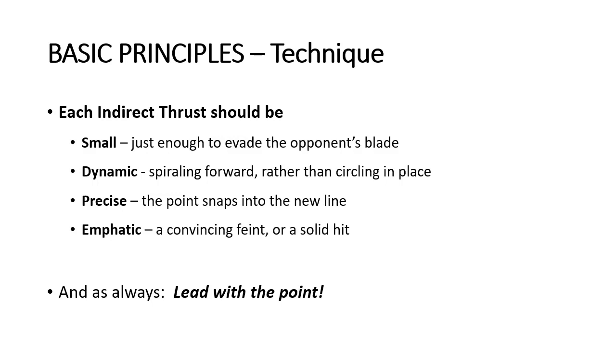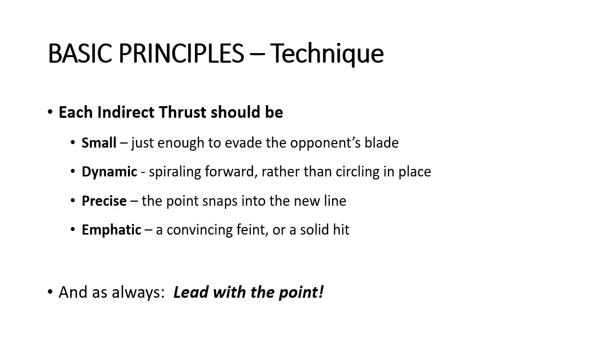Let's consider now the question of technique, that is, how an indirect thrust should be properly executed. Each indirect thrust should be small, dynamic, precise, and emphatic. And when we perform the indirect thrust, we should lead with the point. The movement of the point should be small, just enough to evade the opponent's blade.